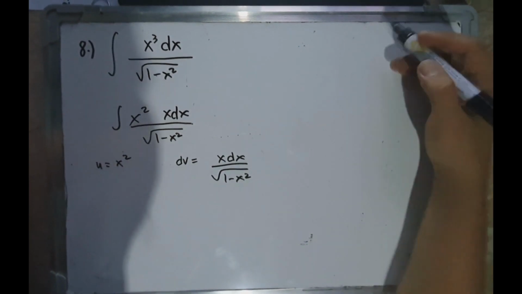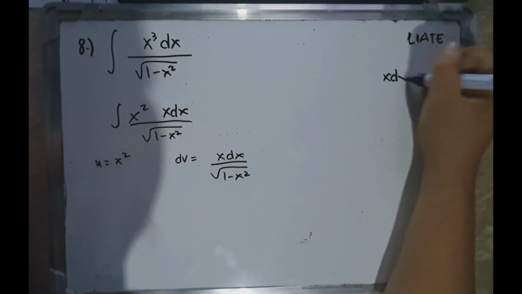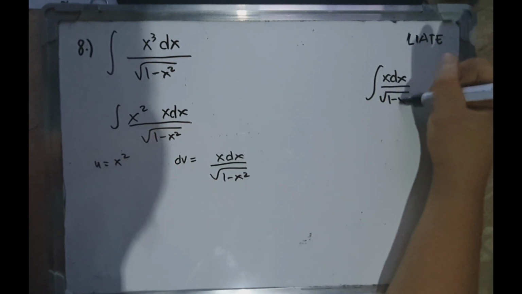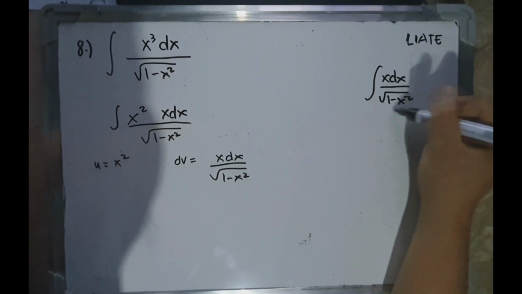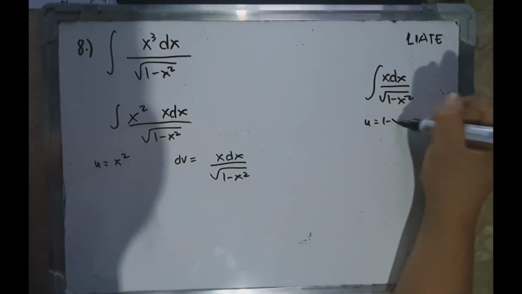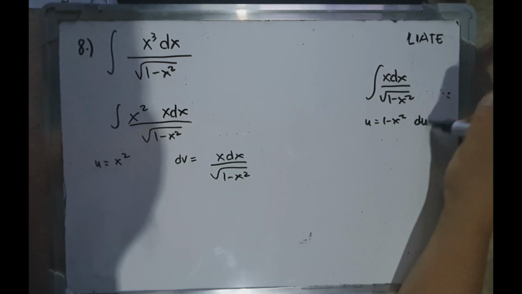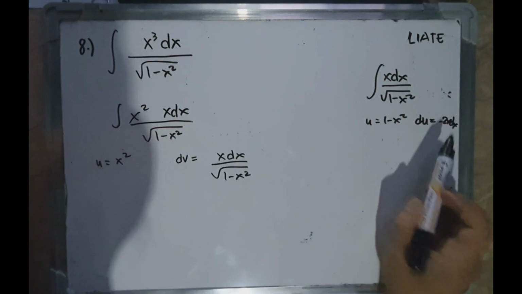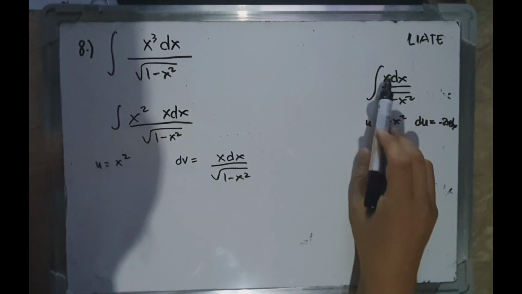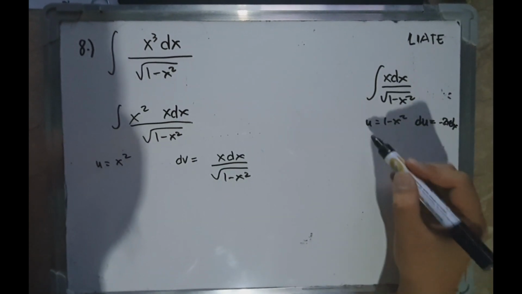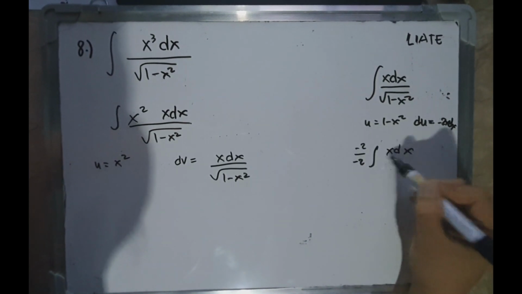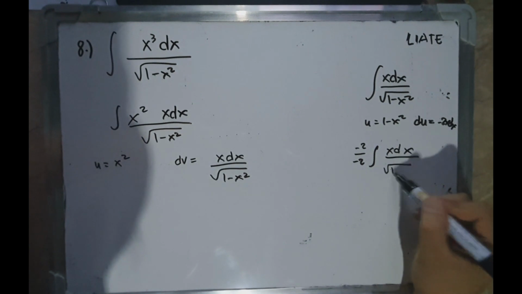Separate solution, x dx over the square root of 1 minus x squared. If we choose this one as the u, 1 minus x squared, the du should be negative 2x dx. So we need negative 2. We already have x dx. So negative 2 over negative 2 integral of x dx over the square root of 1 minus x squared.